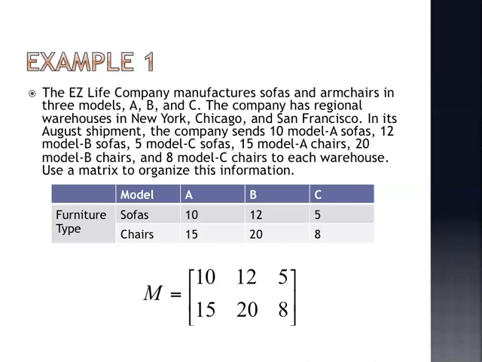So we have 3 models, A, B, and C. We have model A in the first column, sofas, that's 10, chairs, that's 15. With B, that's 12 sofas, 20 chairs, and with C, that's 5 sofas and 8 chairs. And that would be just it in terms of writing it in matrix form.